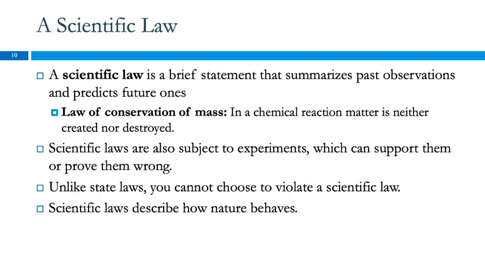So from observations come scientific laws. So a scientific law comes from observations that have been repeated and repeated and repeated. And laws allow us to predict what's going to happen in the future. Probably the scientific law you are most familiar with is called the law of gravity.